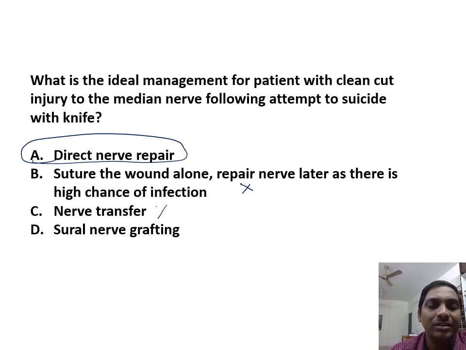Nerve transfer is not at all required. Grafting also is not at all required. Just a clean cut wound is nothing but there is no loss of any nerve. If there is associated loss of nerve tissue, when the gap is more than 2 centimeter, we shall think of grafting. But in a clean cut, just approximation is achievable and it is the treatment option.